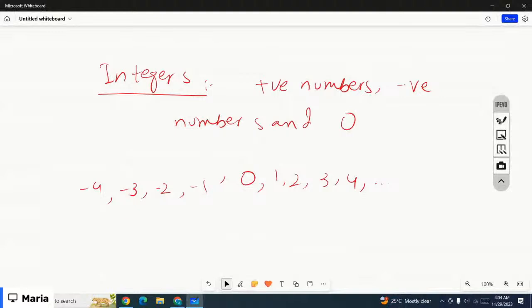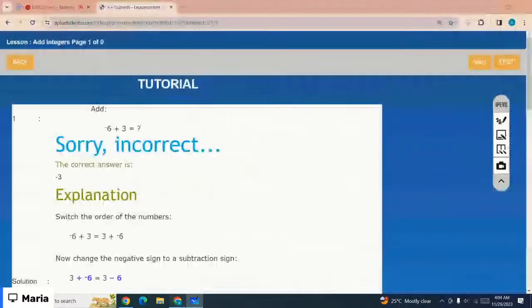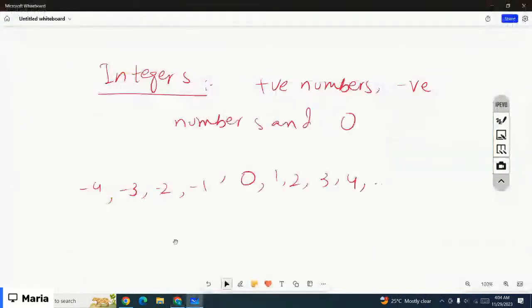So there are some rules we apply when we are adding. First we are working on add integers, right? For example, the first one is negative 6 plus 3. You can rewrite this as 3 plus negative 6. When you have a greater number with a negative sign, the answer must have a negative sign, and you also have to subtract.